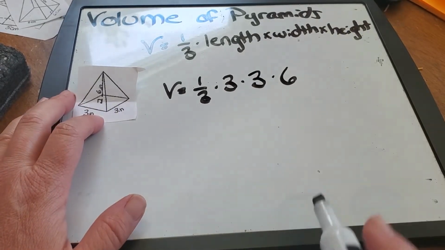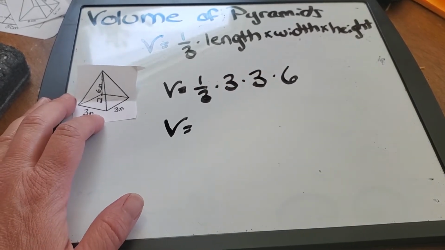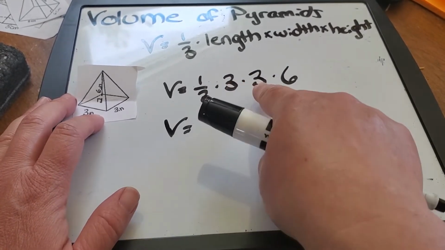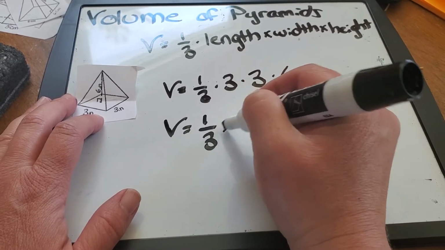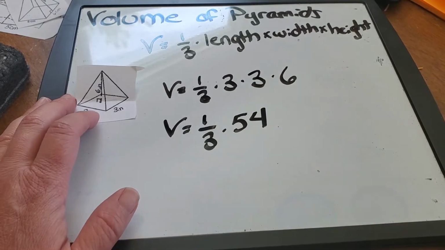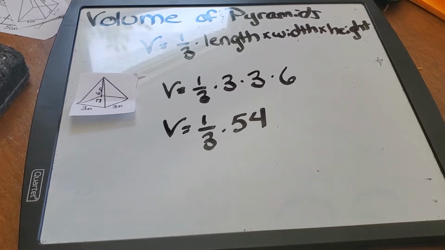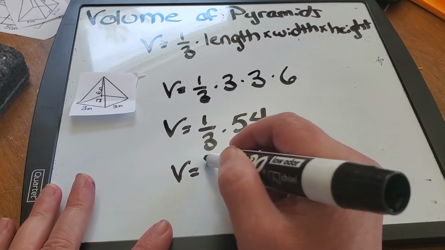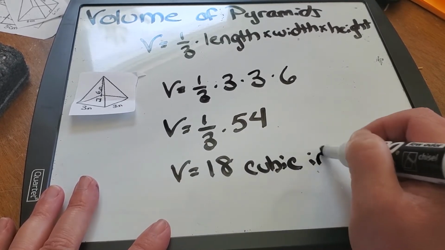Now again, you can multiply those in any order you want, but I like to do the 3 times 3 times 6 first. 3 times 3 is 9, 9 times 6 is 54. Now I just have to take 1/3 of 54. Now, if you have a calculator with a fraction button, you can certainly punch that in. But taking 1/3 of 54 is just the same as dividing 54 by 3. And I get the volume of this pyramid is 18 cubic inches.